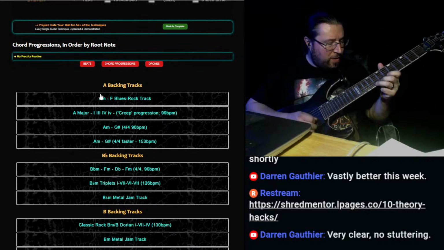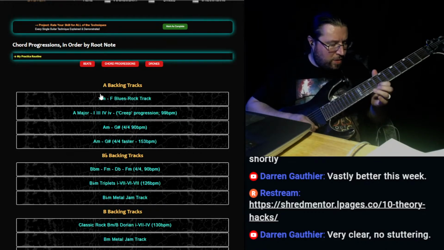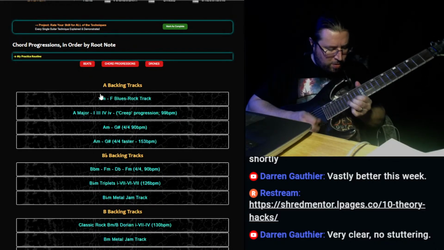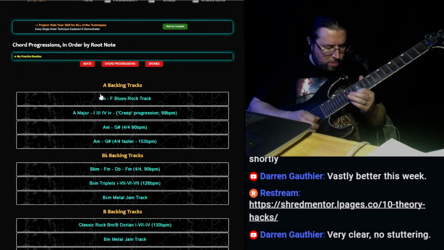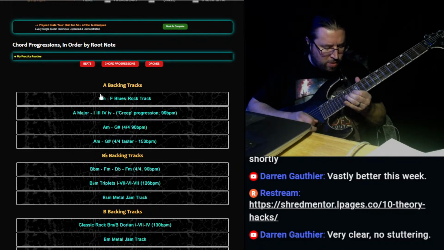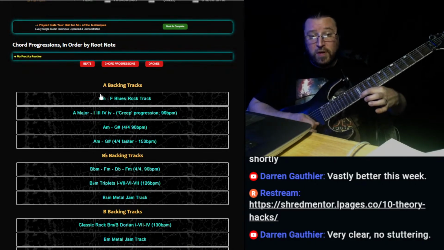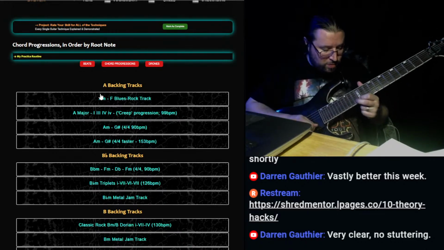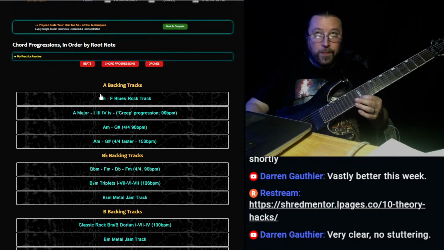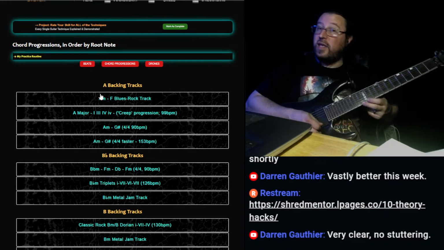A, C, A. Now an F instead of an E. So the only difference is E versus F. So the big difference here is I can play an F during the F chord and then resolve back to the E that is the 5th.